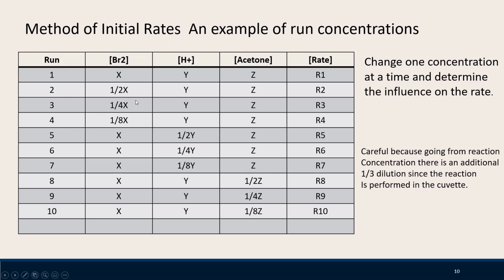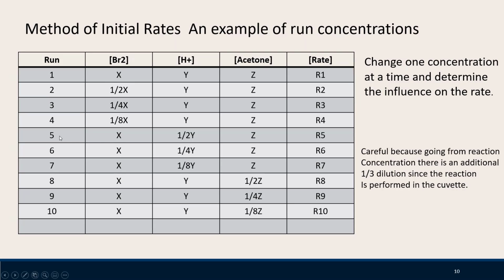The concentrations of hydrogen and acetone will be kept constant. We're not going to change the concentration of hydrogen and acetone. We're going to change the concentration of bromine, reducing it from X to 1/8 of X. And then we're going to measure the rates R1 through R4, okay?